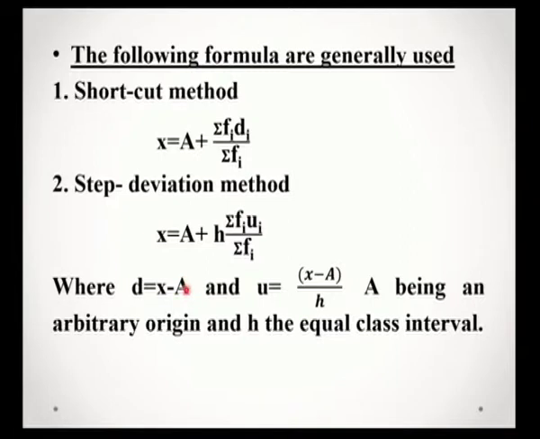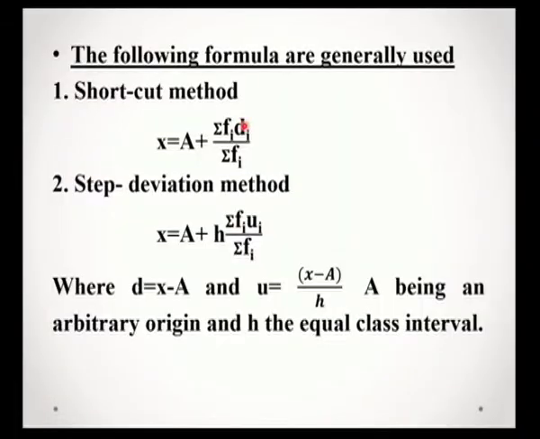That means first you need to fix an arbitrary origin in the group of data, then the arbitrary origin should be subtracted from the x data, then you will get that d, then summation of that frequency.